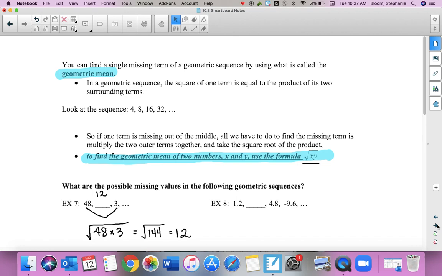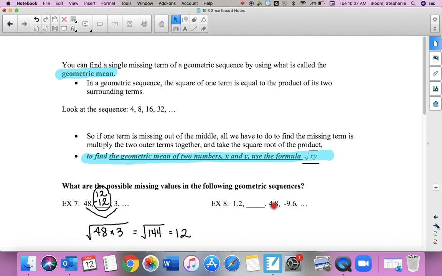Now, it could also be negative 12. You could have either option, because if I took this times 1/4, I'd get a positive 12, but if it was negative 1/4, I'd get a negative 12. And that works, right? If I take negative 12 times negative 1/4, I would get a positive 3. So your answers can sometimes be positive or negative.